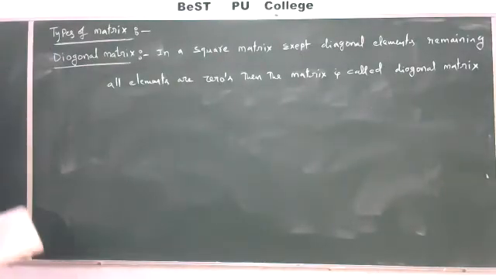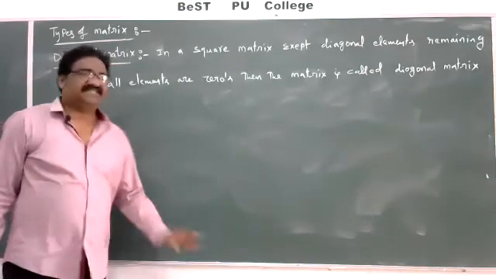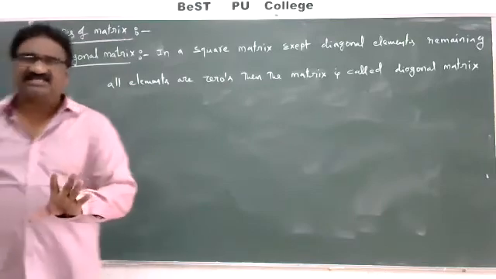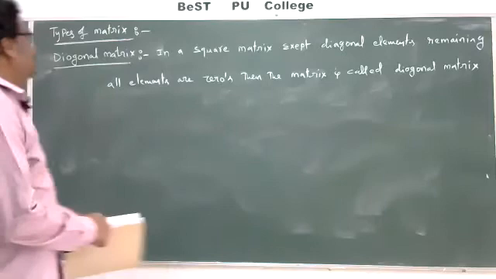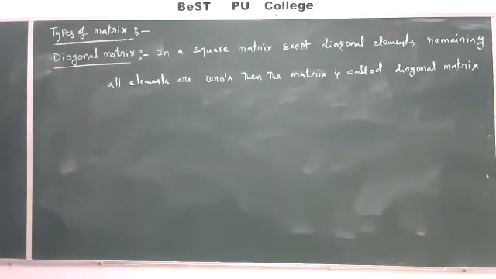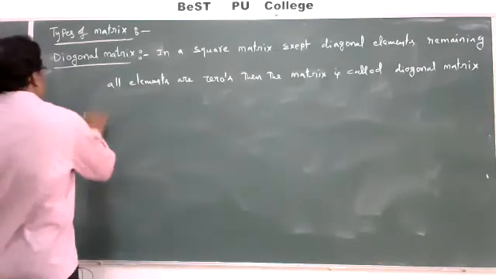A diagonal matrix is defined only for square matrices, not all matrices. In a square matrix, except diagonal elements, remaining all elements are zeros, then the matrix is called a diagonal matrix.